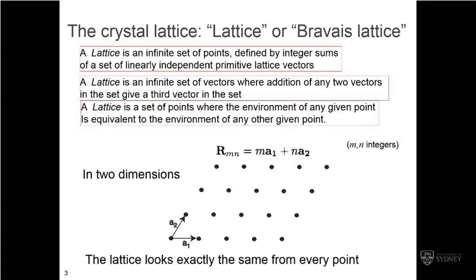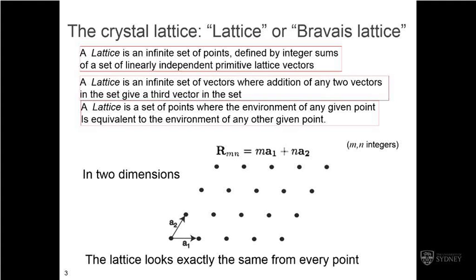This shows in 2 dimensions how we set up things. We define some big R lattice vector, subscript mn, which are just integers, and so any lattice point R can be expressed in terms of the primitive vectors A1 and A2. Here, if you start your origin on this atom, A1 will take you here, and A2 is defined here.